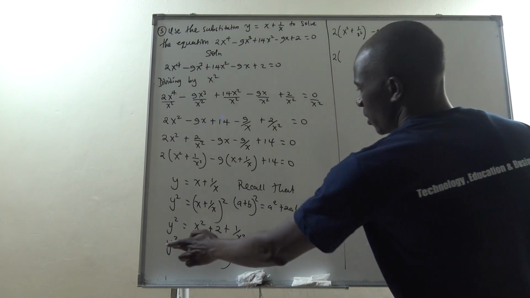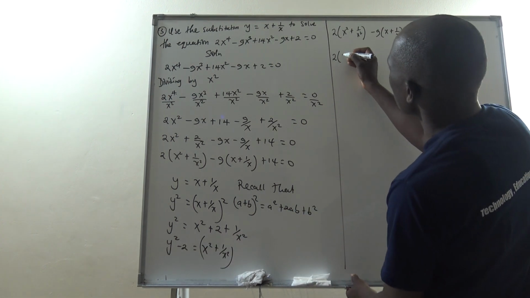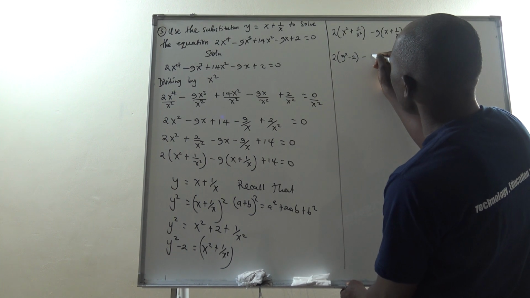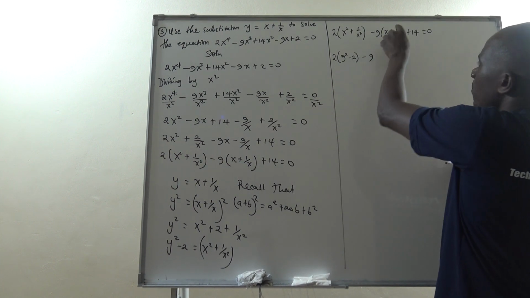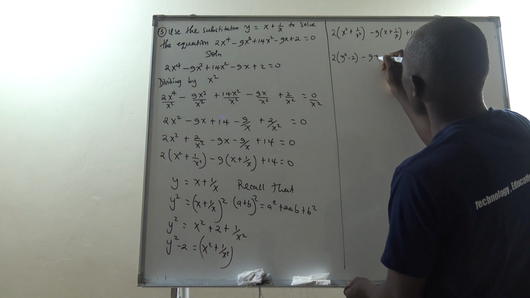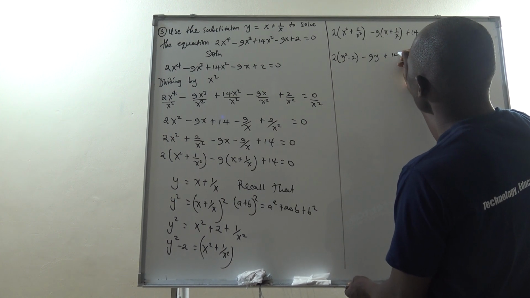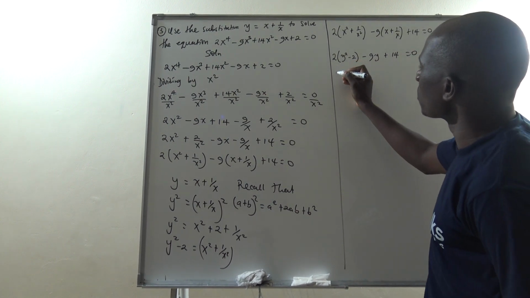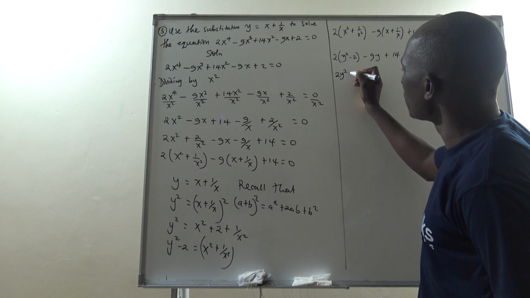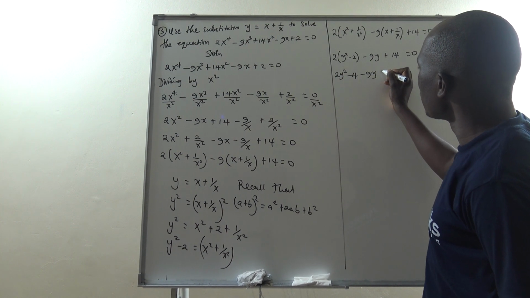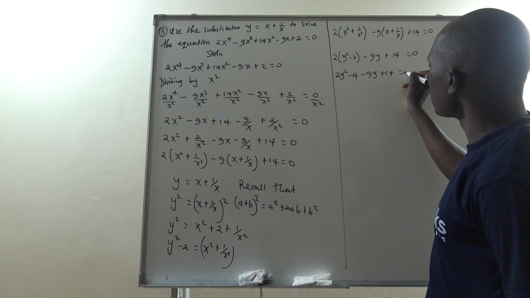We are having y squared minus 2. So we shall say 2 into y squared minus 2 minus 9, x plus 1 over x is already a y, so minus 9y plus 14 equals 0. So can we go ahead and open the brackets? We are getting 2y squared minus 4 minus 9y plus 14 equals 0.